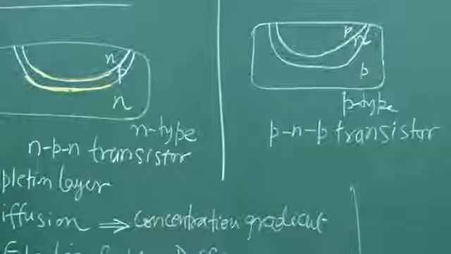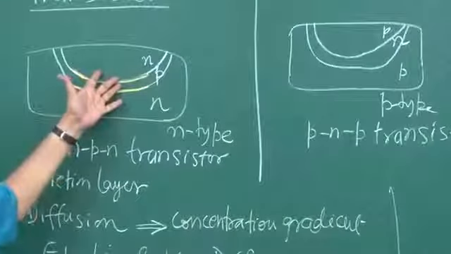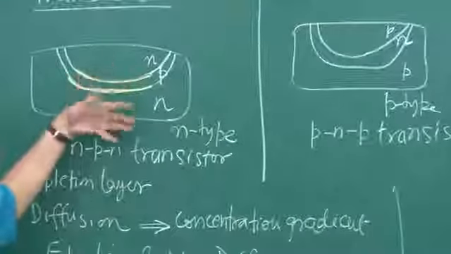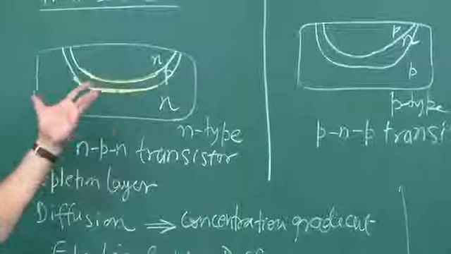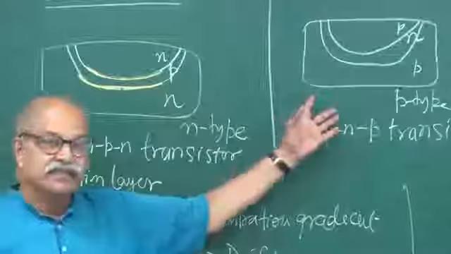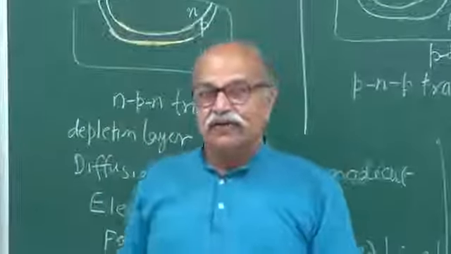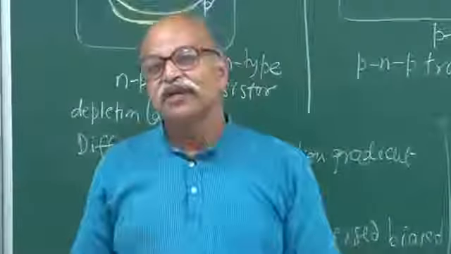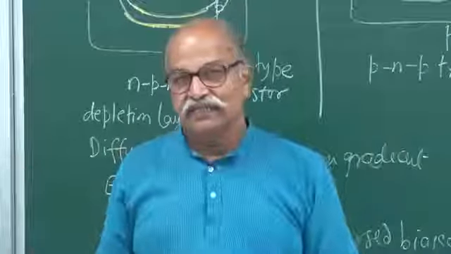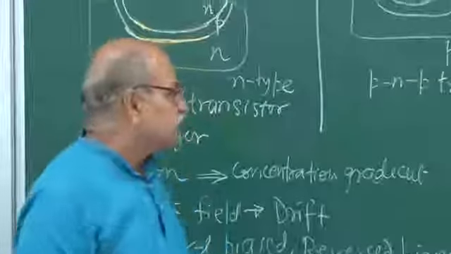But most of the time we will be using this NPN to describe all the physics and all the processes, and the only difference between this and this is that all the directions of currents will be inverted, and all the polarities of the batteries that you connect will be inverted. Otherwise the remaining thing is almost the same.